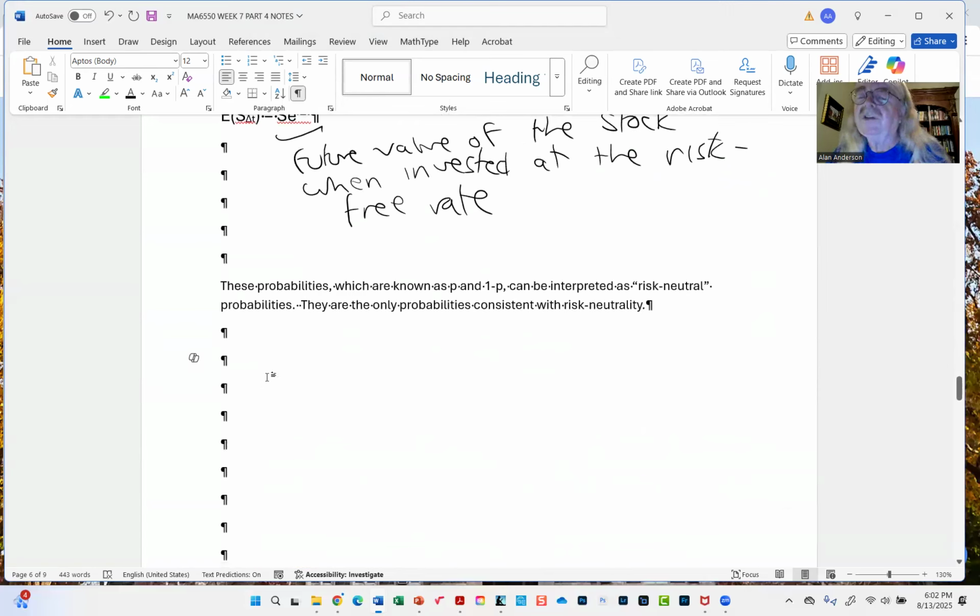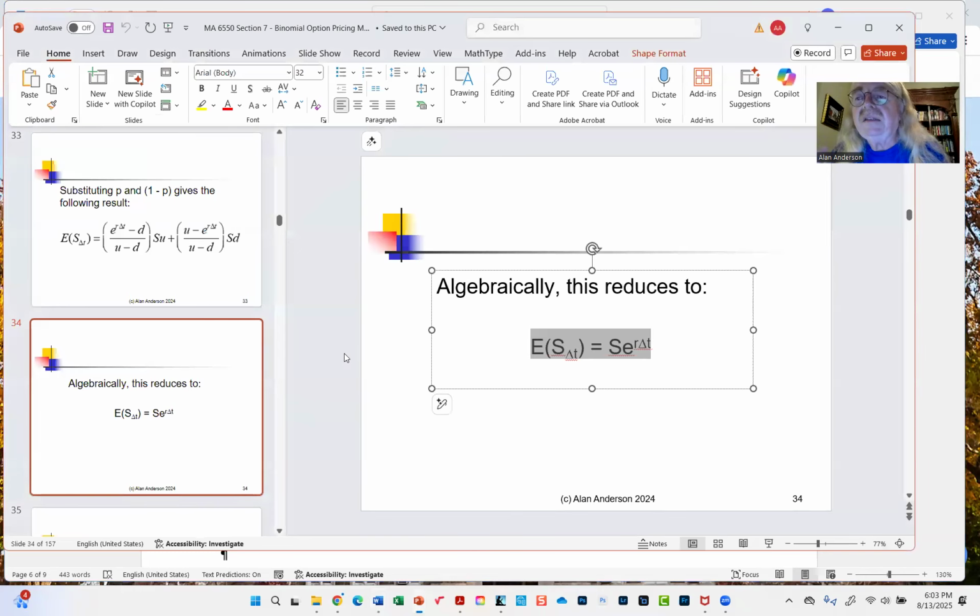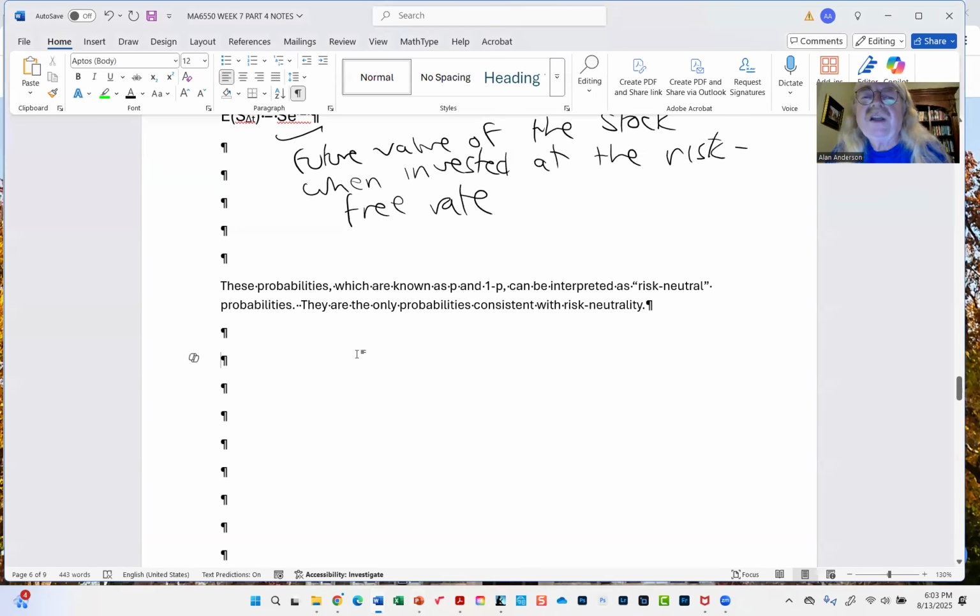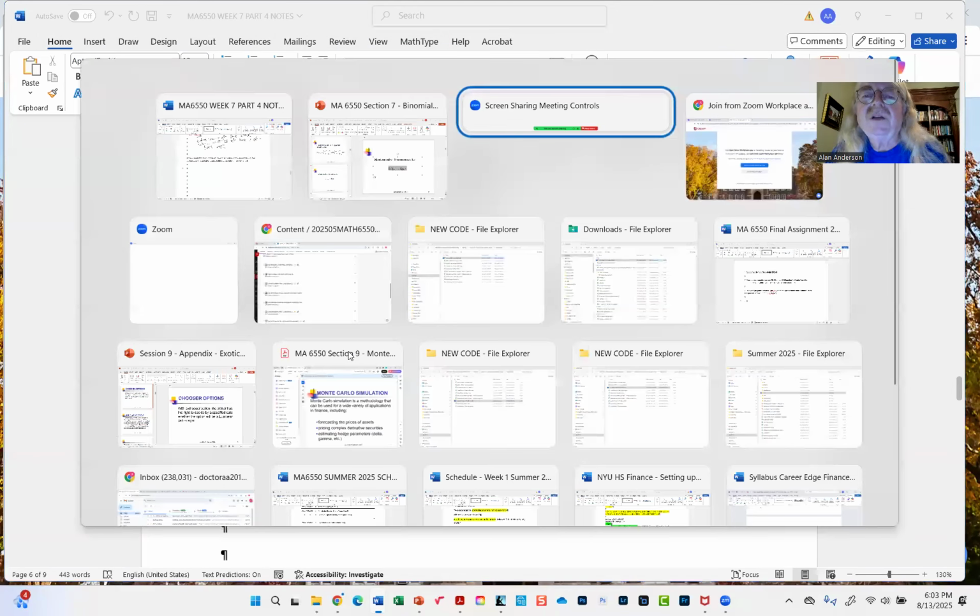In turn, that is because if you can replicate the returns to an asset with another portfolio of assets, then nobody's opinion makes any difference about their value. Anyway, it takes a while to get used to this idea of risk neutrality, but you notice it doesn't matter if this is happening in the real world or not. It's not going to affect the results of our option pricing models.